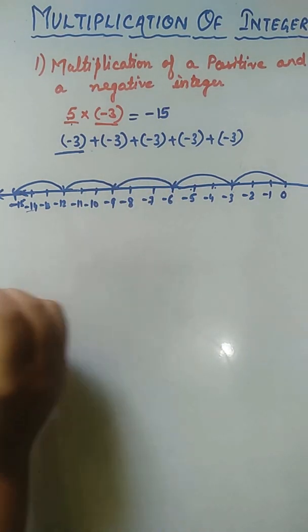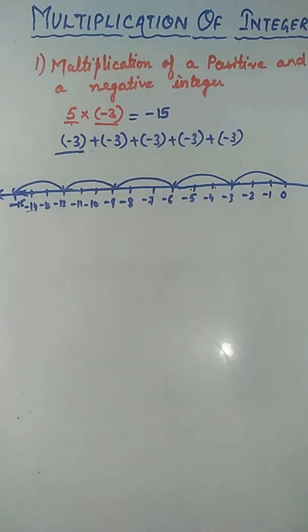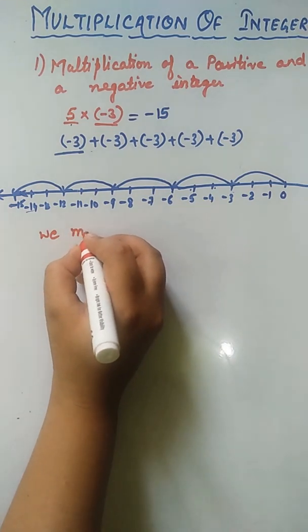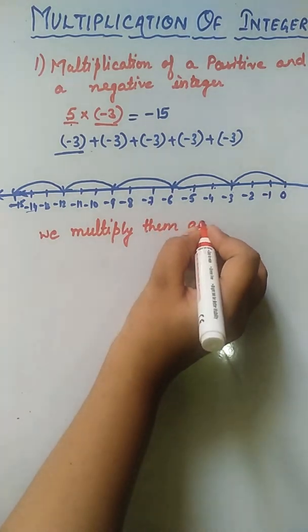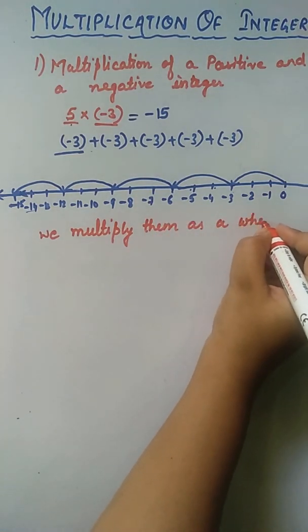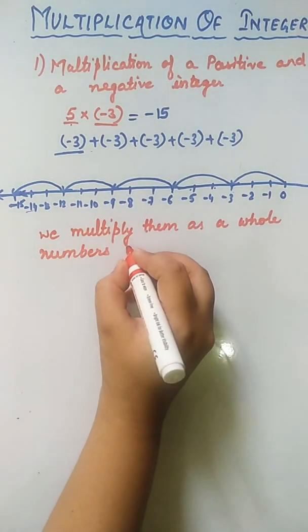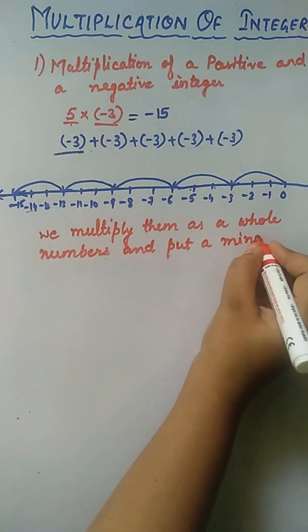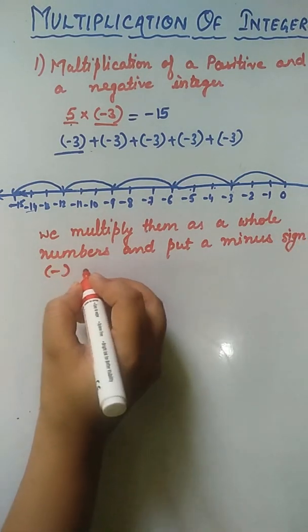So what we have concluded over here is that when we multiply a positive and a negative integer, we multiply them as a whole number and put a minus sign before the product.